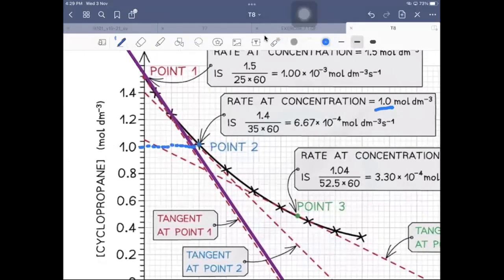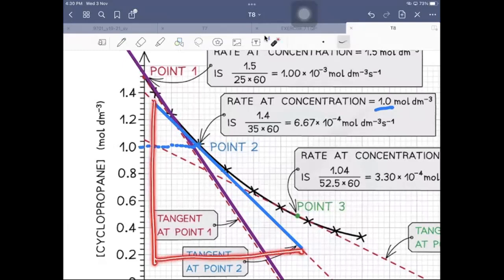I need to draw a tangent line that just touches the concentration 1.0. So that's my point 2. Again I take the gradient, assuming this is a nice triangle, and it turns out my gradient is 6.67 times 10 to the power of -4 mole per dm cube per second.